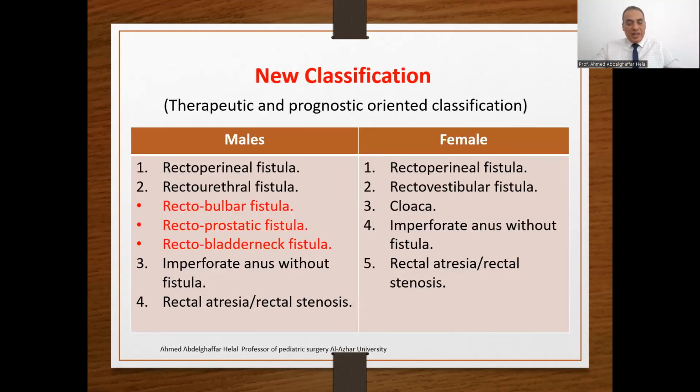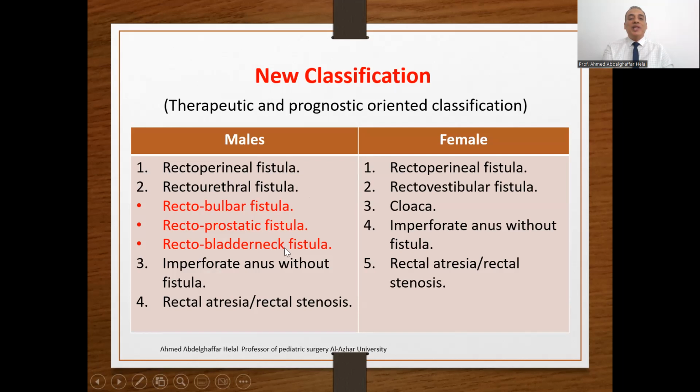The new classification is very important for all pediatric surgeons. It is a therapeutic and prognostic-oriented classification, classifying the anorectal malformation according to male defects and female anomalies. In the male anomaly, we have rectoperineal fistula, where the rectum opens in the perineum, and we will describe it in detail.